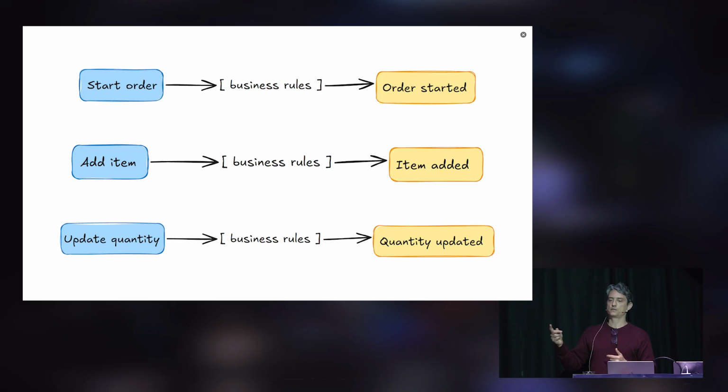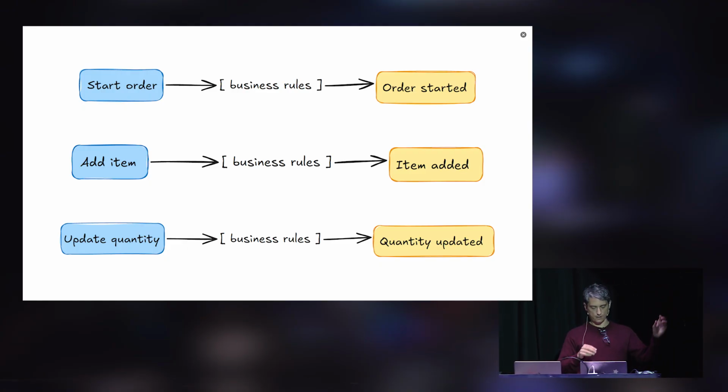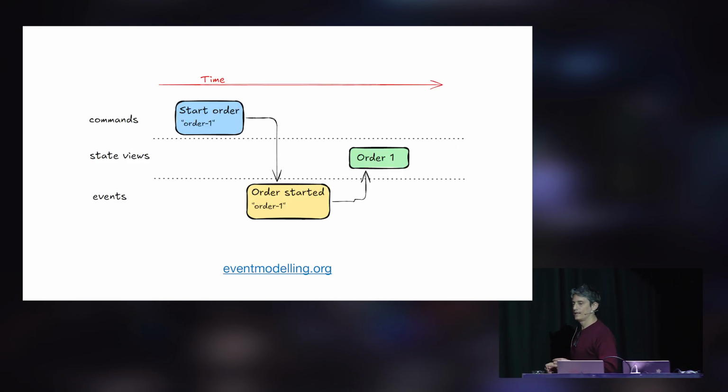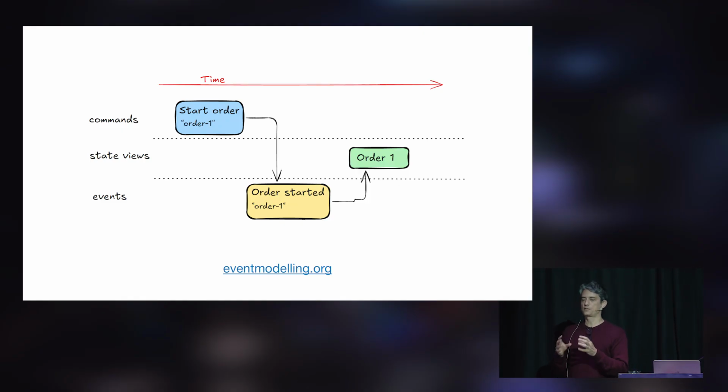You can start an order, add an item, update the quantity of an item in the order, and so on. So you have all the causes on the left and all the effects on the right. Okay, we can describe every unit of behavior as a command and its corresponding effect, the event.